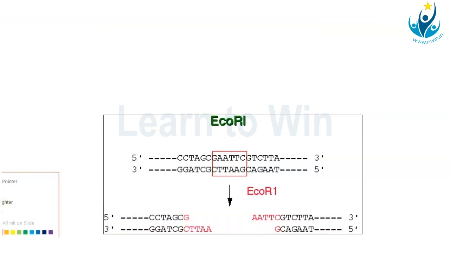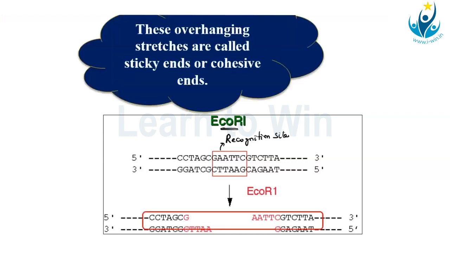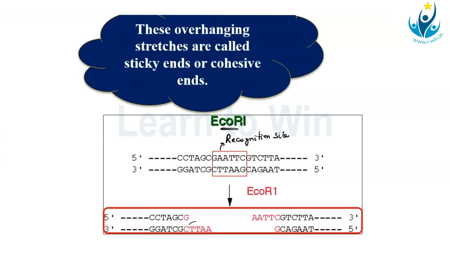Now here there is one restriction enzyme and this is its recognition site. The enzyme here is EcoR1, so it will make a cut. Now these are the fragments produced. If you see these fragments, they have overhangs, meaning this region here and this region here don't have any base pairs below.